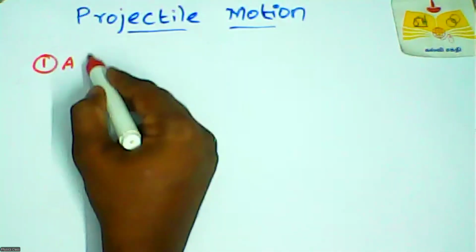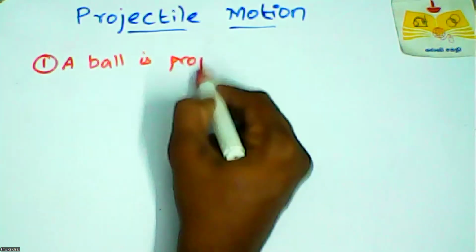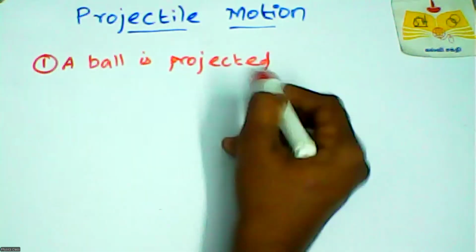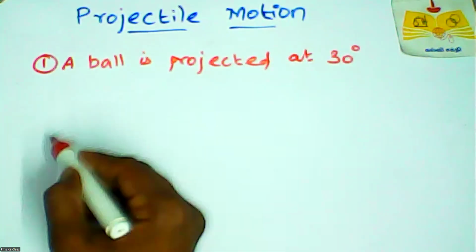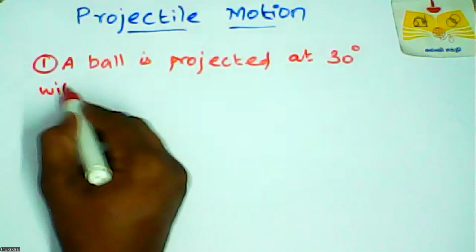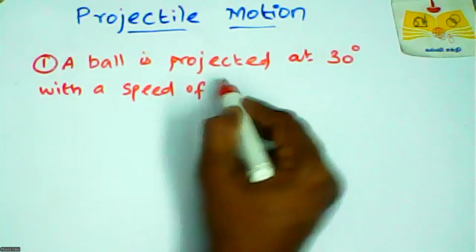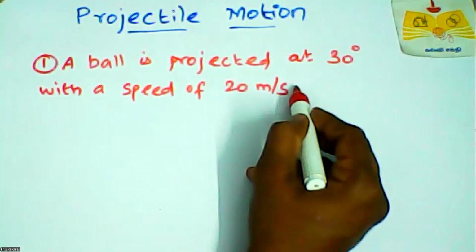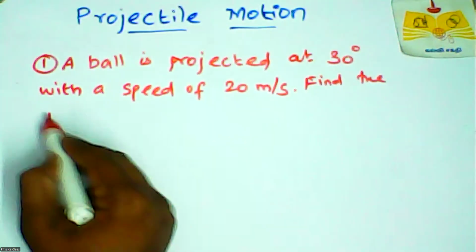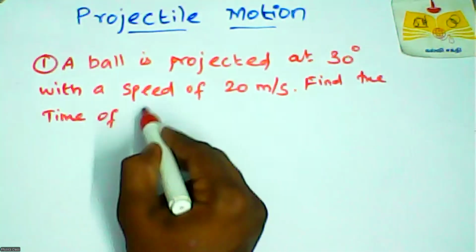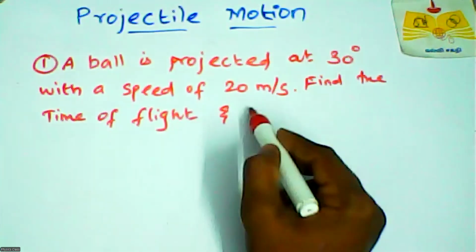A ball is projected at 30 degrees with a speed of 20 meter per second. Find the time of flight and range.